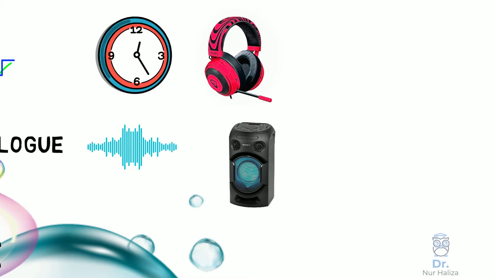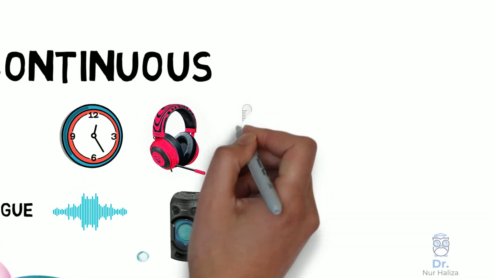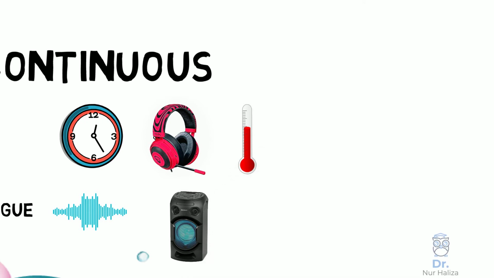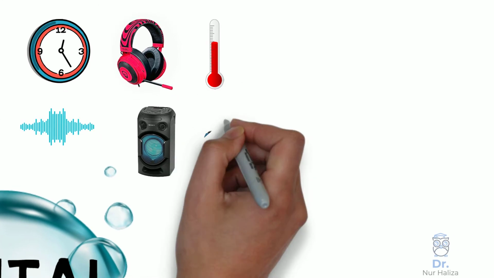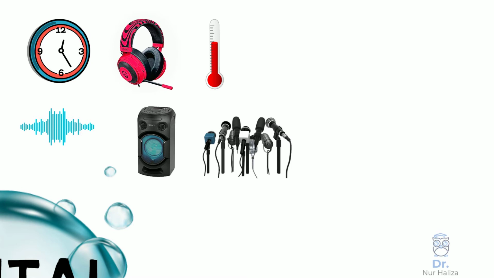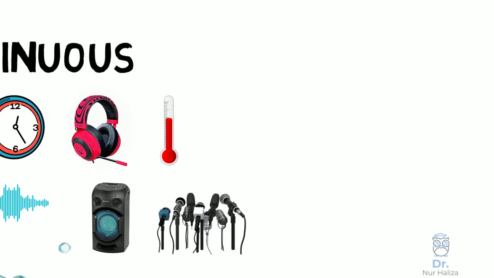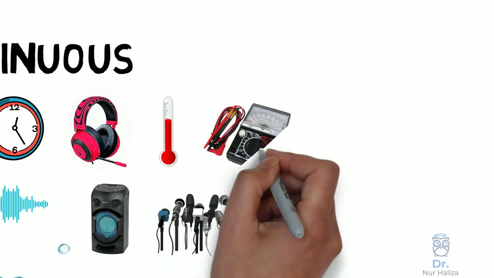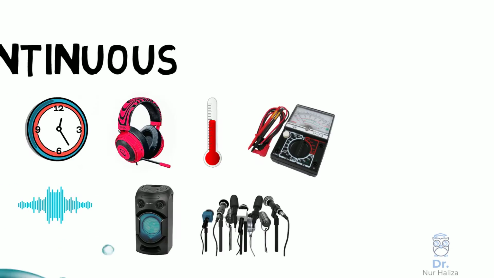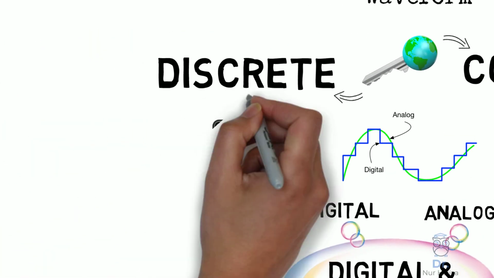It's also analog. And then this one is a thermometer, but there are two types of thermometer. This one is the analog version. Your microphone is an analog device. And the last example is the multimeter. There are also two types of multimeter, analog and digital.